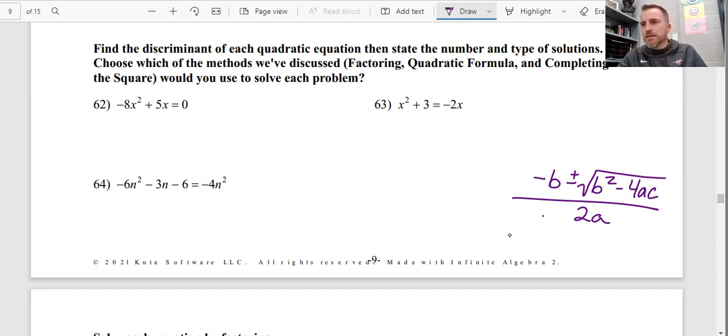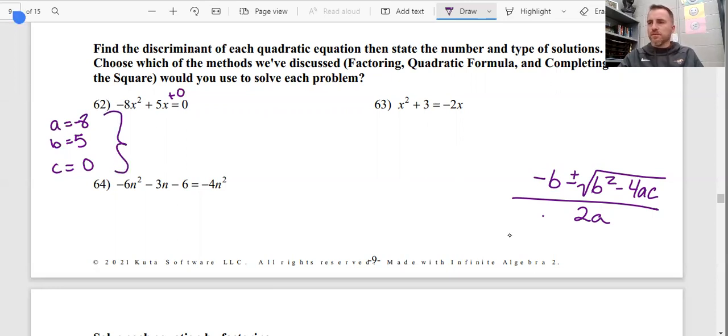A is negative 8, b is 5. A goes with the x squared term, b goes with the linear term, the x term, and then c is the constant term. You see we don't have a constant term, so it's just 0. Now we're going to plug those into the discriminant.